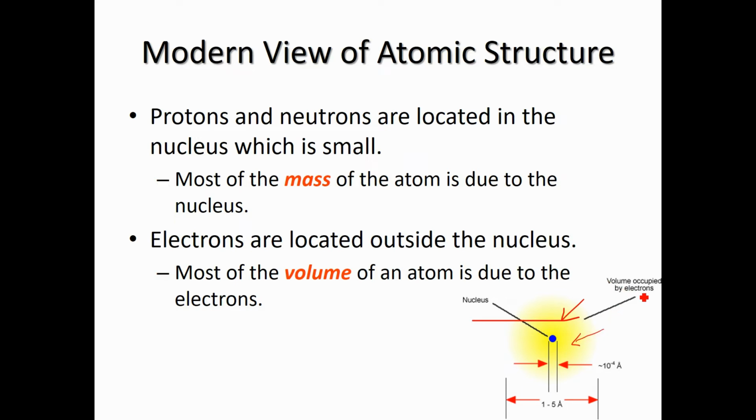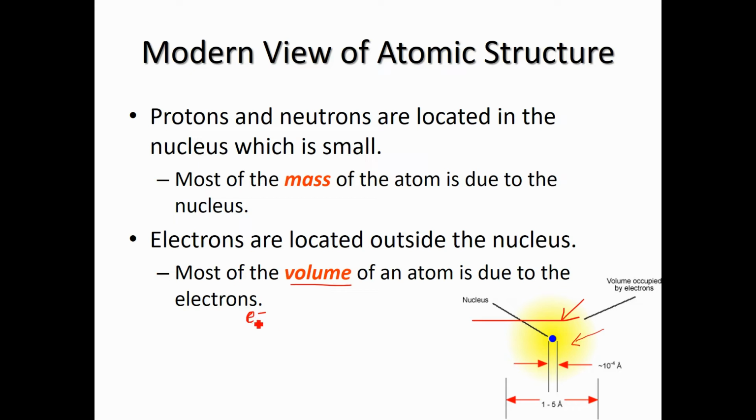Remember again, electrons are smaller than protons and neutrons. Okay, so the clouded area, the yellow shaded area, has much more volume than the nucleus, because the electrons will randomly repel each other and create a larger size of the atom. So the volume will be increased. Most of the volume of an atom is due to the electrons, and of course the electrons are negatively charged.